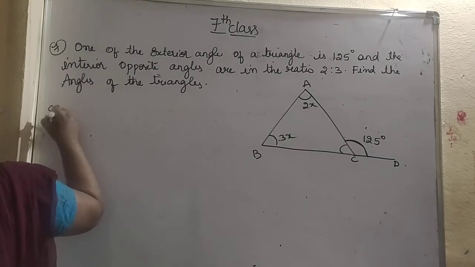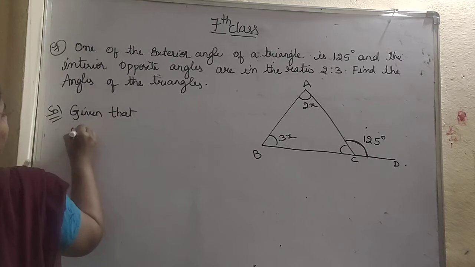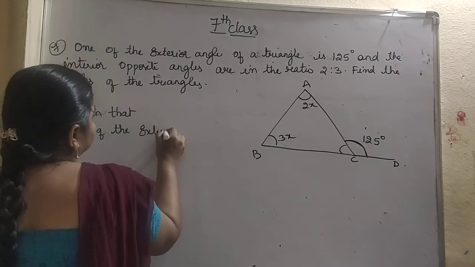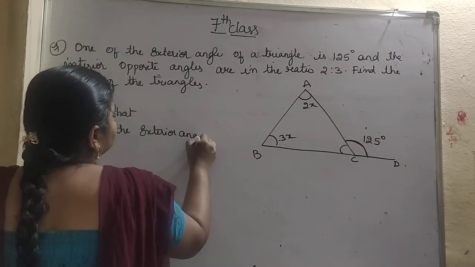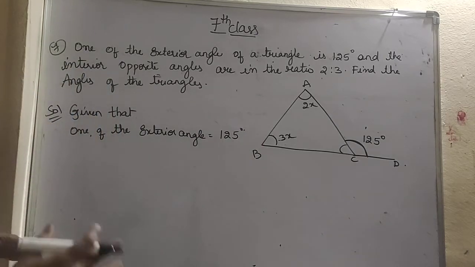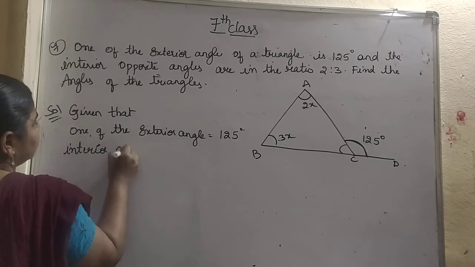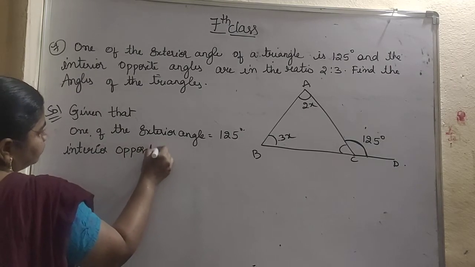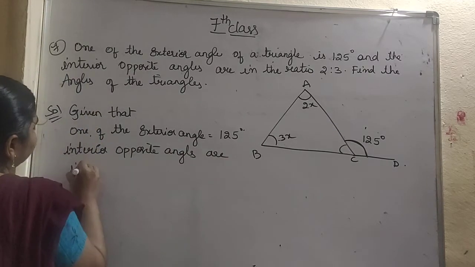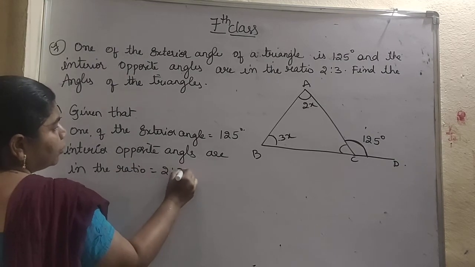So result, given that one of the exterior angles is 125 and the 2 opposite interior angles they have given are in the ratio 2:3.